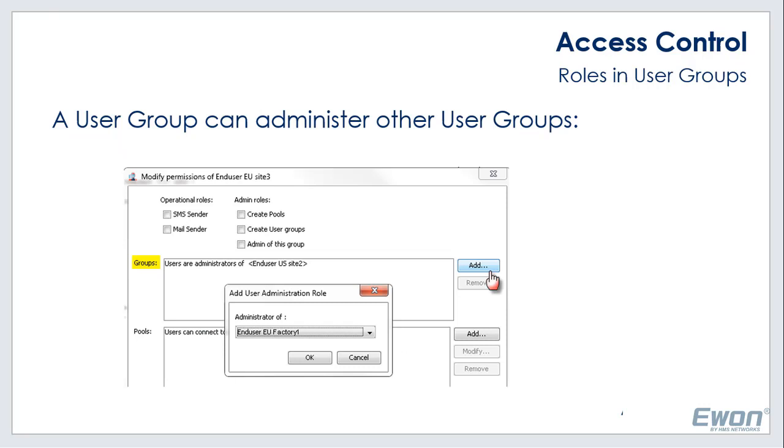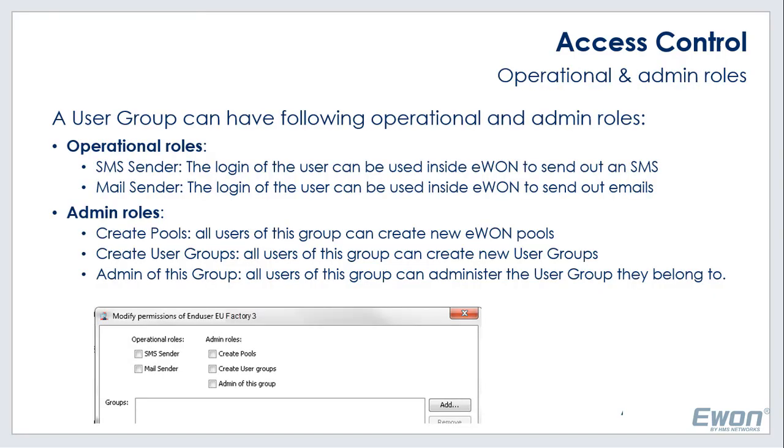User groups can also be granted administrator rights over other user groups. This allows them to edit or delete those user groups, as well as add, modify, or delete users belonging to those groups. User groups can also be given special roles on the account and over their own user groups.